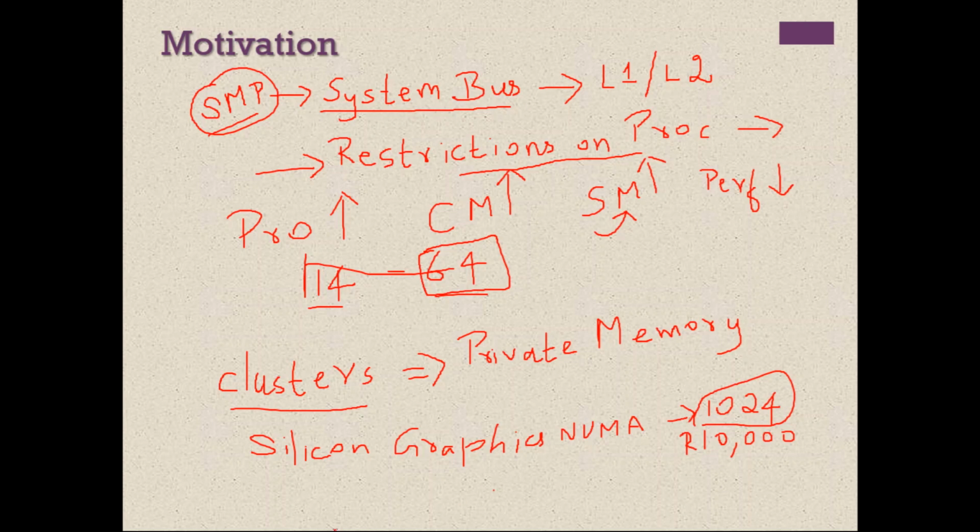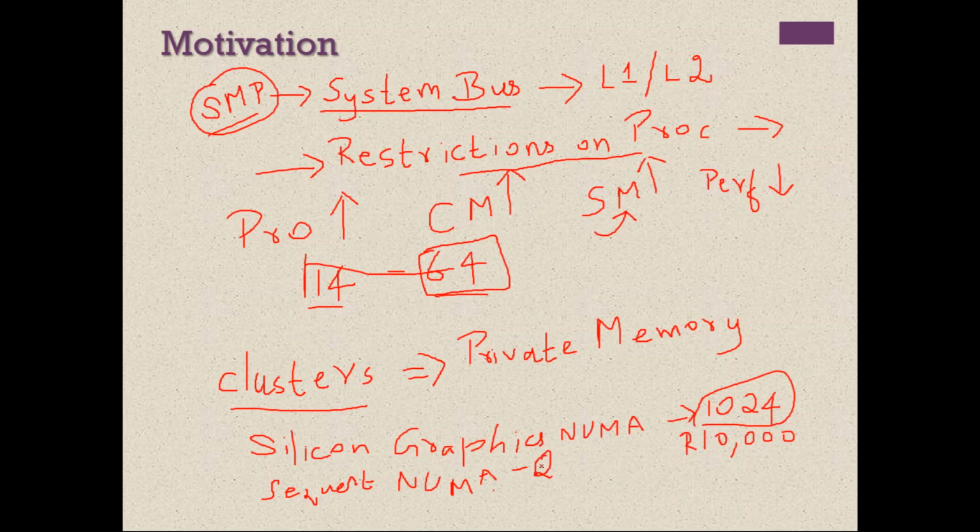Similarly, there is another NUMA system called Sequent NUMAQ. It's just the name of the system. This system can support up to 252 Pentium 2 processors.